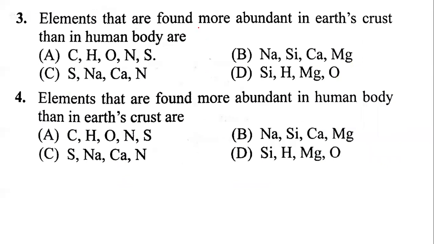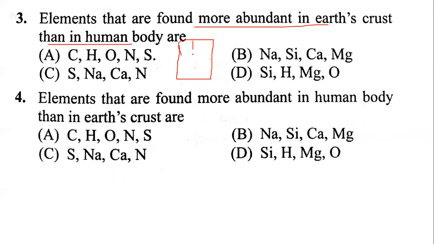Elements that are found more abundant in the Earth's crust than in the human body. Which is the answer, everybody? You know that we have studied in that particular table of your NCERT textbook itself.